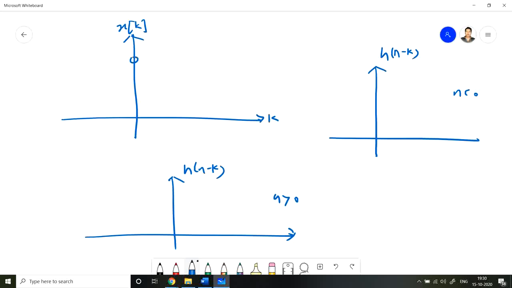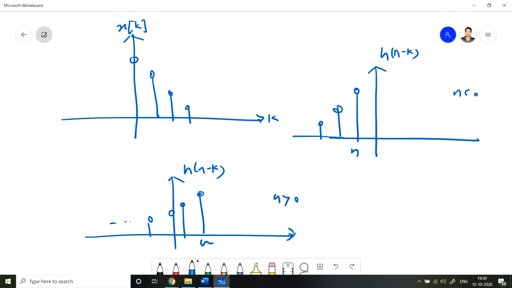So this is the graph of x[k]. This is the graph of h[n minus k] when n is less than 0. This is the graph of h[n minus k] when n is greater than 0.